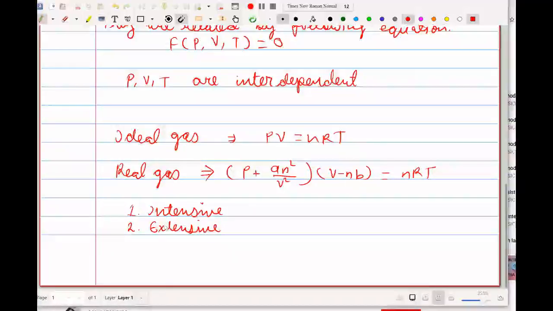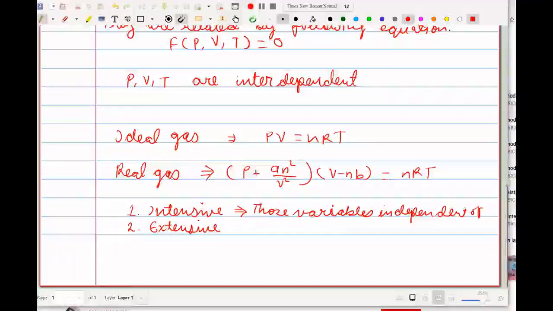Intensive variables means those variables which are independent of mass.